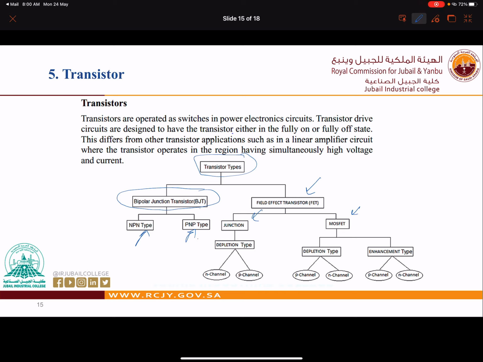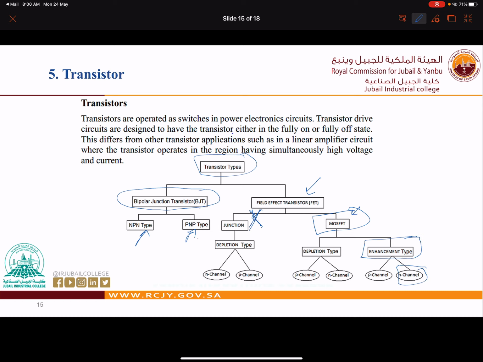So this junction type, of course, depends on the depletion region, whether it is N channel or P channel. So forget about it now. We will not take it. We are concentrating on the MOSFET type, and also on the enhancement type for the N channel.